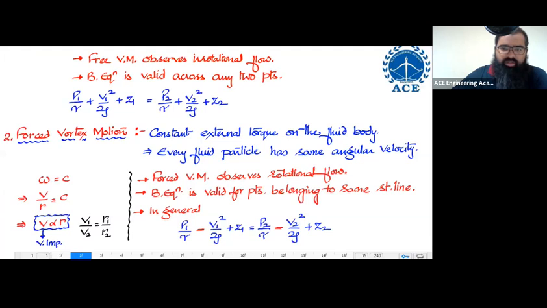Many of you are having doubts regarding why the minus sign is coming over here. Why are we applying a minus sign? The doubt is natural.